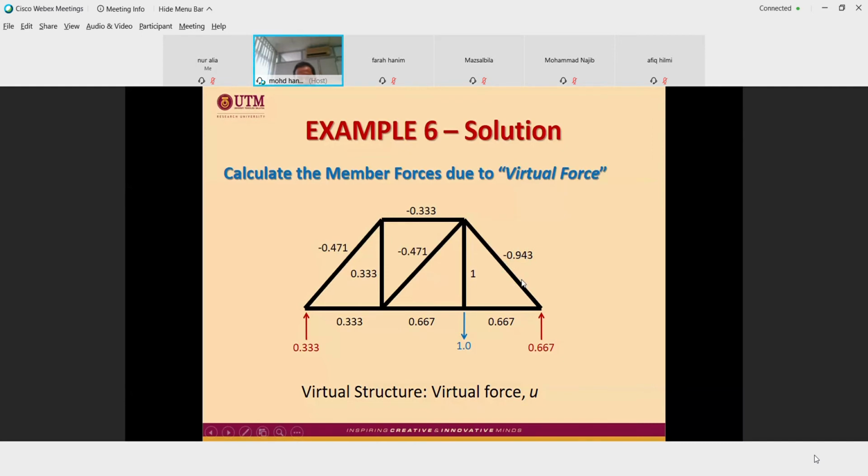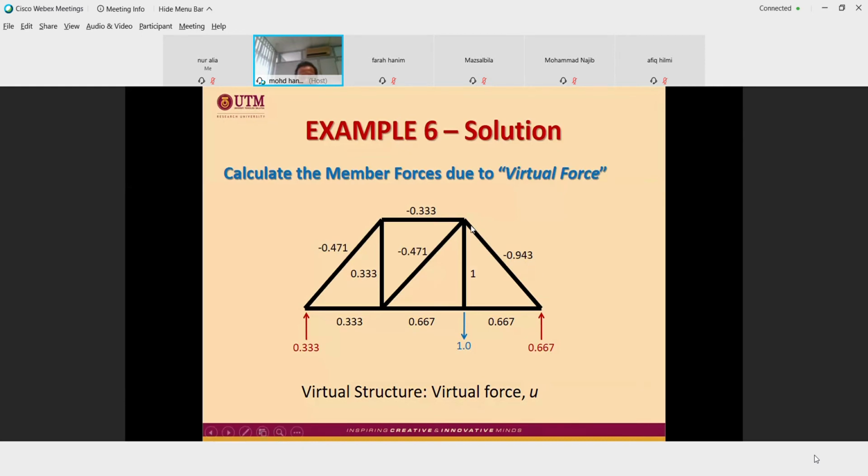Because if the question is about deflection, then in the exam maybe 80% of the marks will be for the calculation of deflection, and only 20% on the member forces.